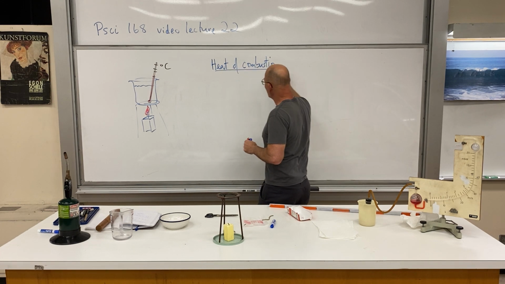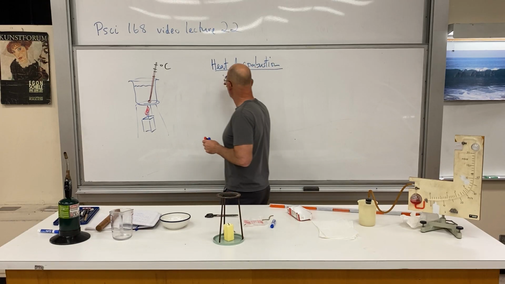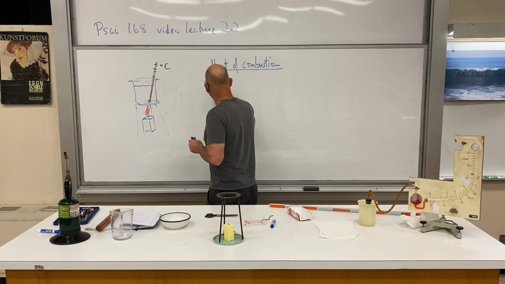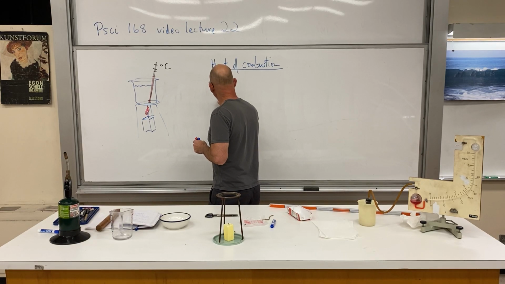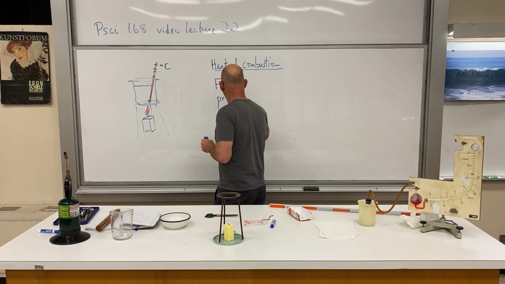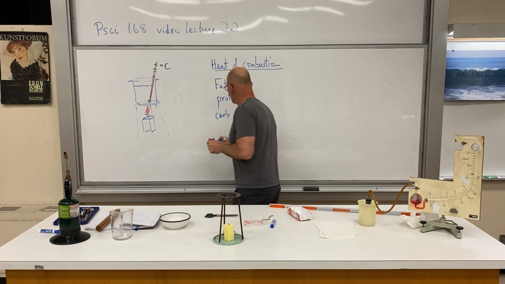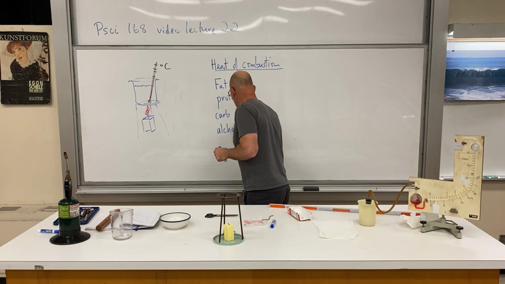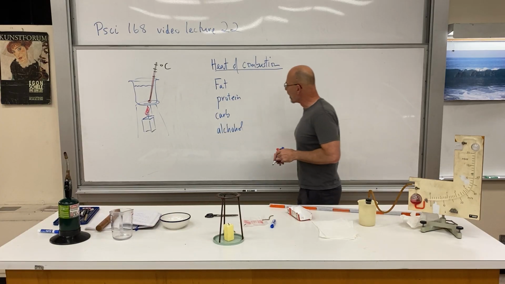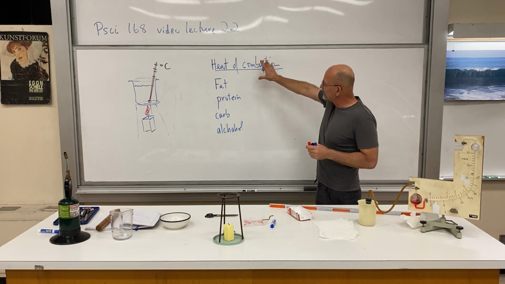So heat of combustion, there are 4 foods, well, 3 foods. We talk about fat, protein, carbohydrate, and we could put alcohol here as well. These are things with well-known caloric content. So that's the heat of combustion.